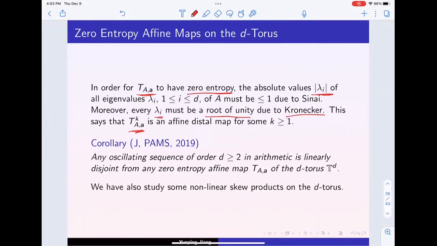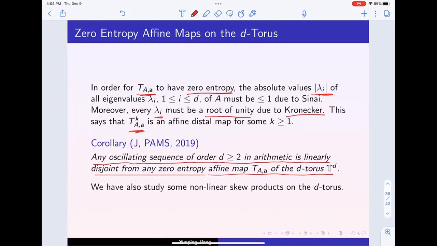So any oscillating sequence of order D in arithmetic is linearly disjoint with any 0 entropy alpha map on the D torus. That basically solves the entropy 0 alpha map case. For dimension D equals 2 and D equals 3, a lot of people already studied that before, but I get all D. That turns out not to be very difficult.